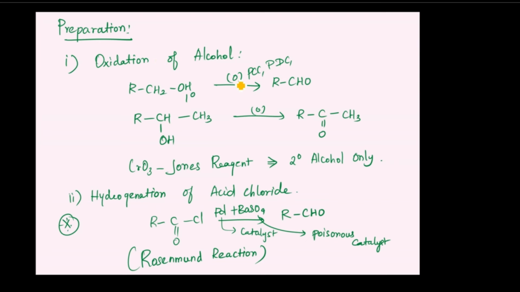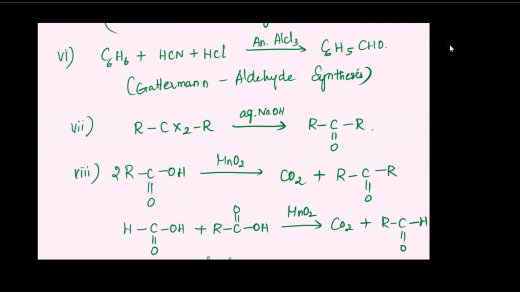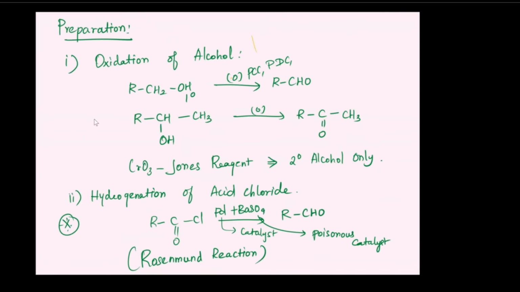Here you can see the preparation part, the first preparation being oxidation of alcohol. I'm giving you the trick. If I'm taking primary alcohol, upon oxidation that will give aldehyde, and further oxidation will give carboxylic acid.